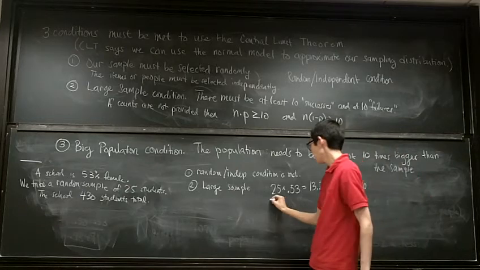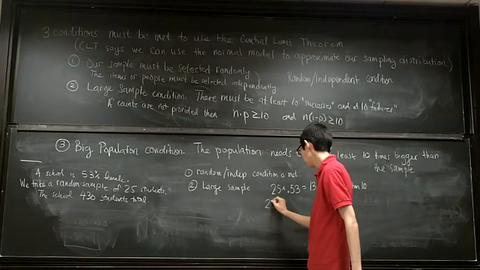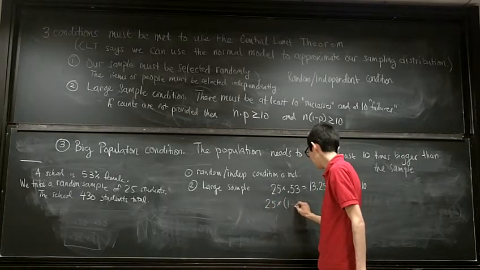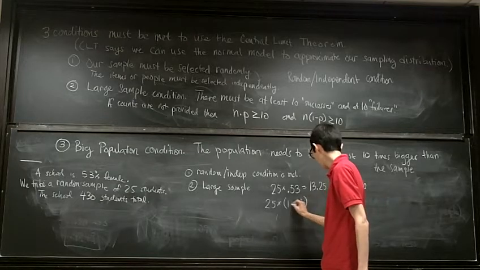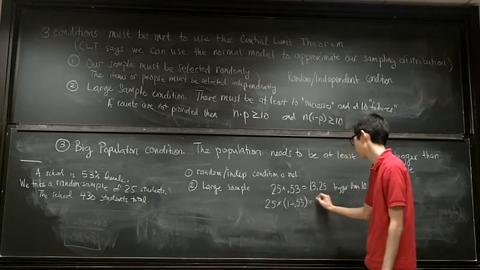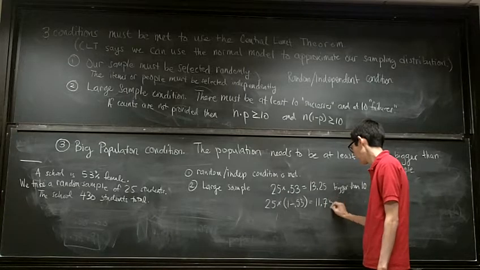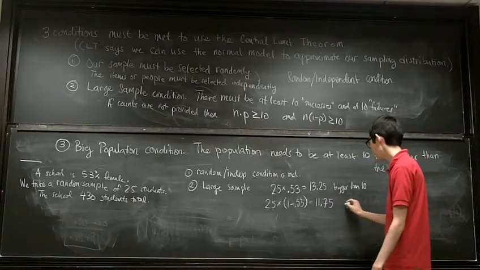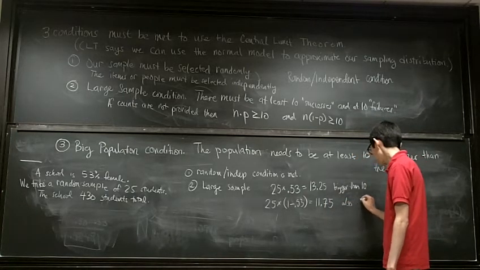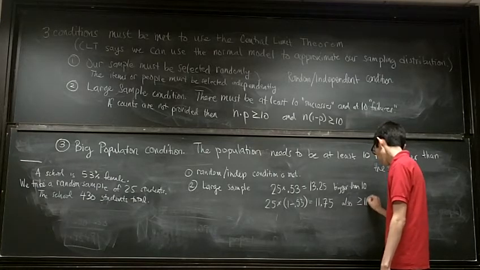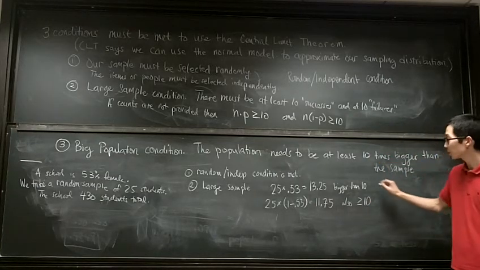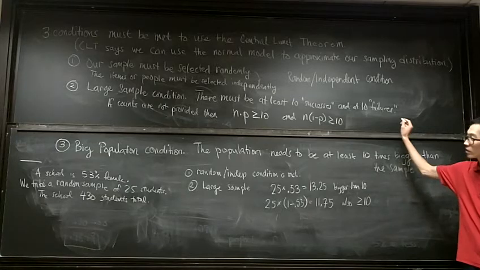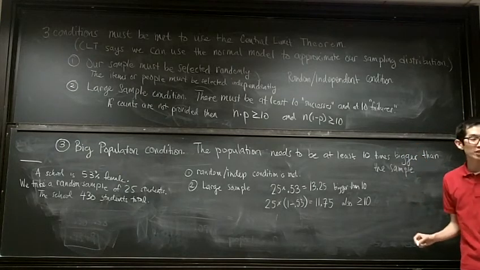What about 1 minus p? 25 times 1 minus 0.53 is equal to what? 11.75. This is also bigger than 10. So both of my numbers are bigger than 10, so the large sample condition is met.